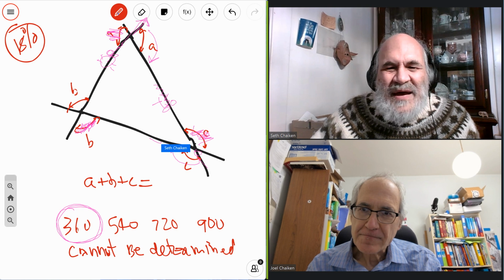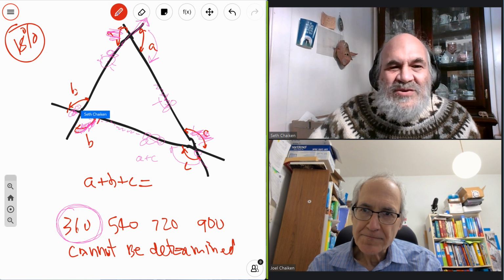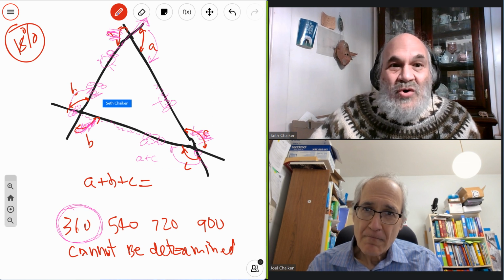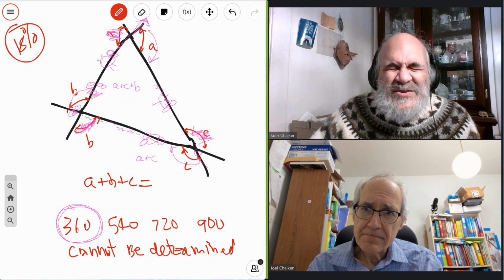So the total amount that he turned so far is A plus C. Continues walking, comes to the end of the triangle, and he turns B degrees. So by this time, his total turn is A plus C plus B. But he ends up pointing in the original direction.